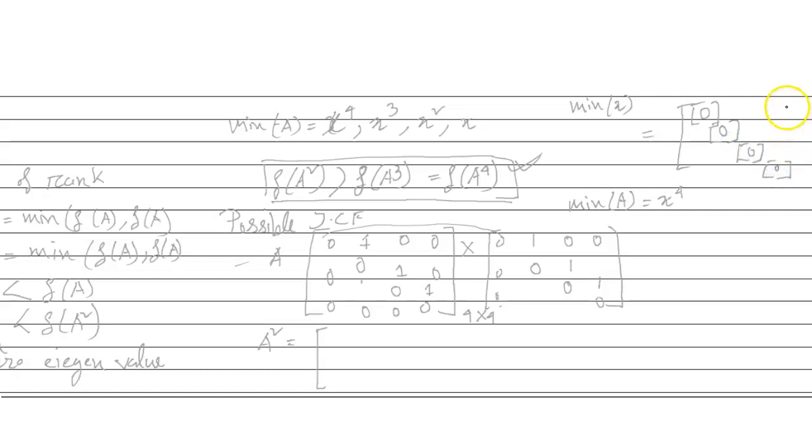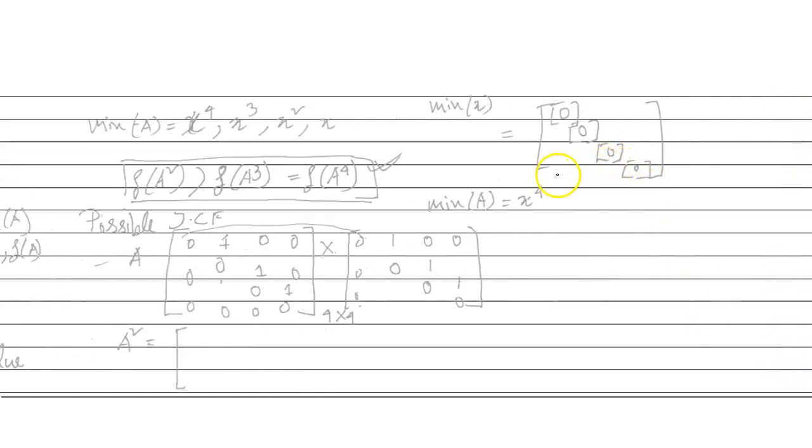This is my Jordan canonical form. So if the minimal polynomial is x equal to 0 0 0, my Jordan canonical form is 4.